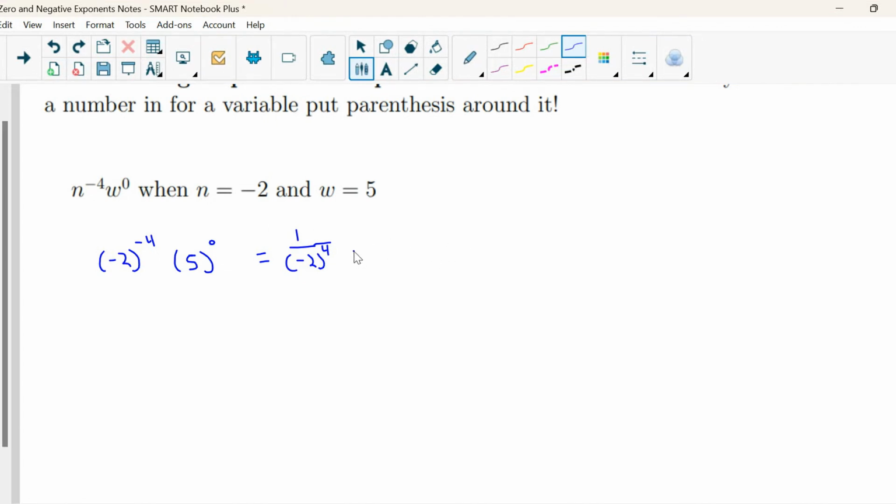Remember, anything to the 0 power is always just 1, so that just becomes 1. Now all I need to do to simplify, negative 2 to the fourth power, negative 2 times negative 2 times negative 2 times negative 2 is just 16. So I've got 1 over 16 times 1, which is just going to give you 1 over 16.